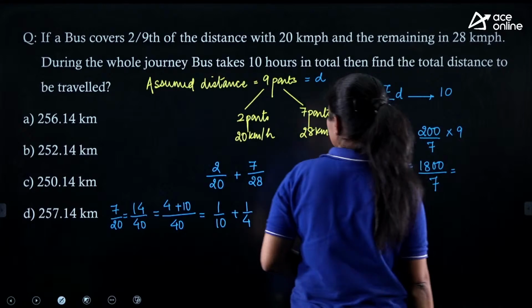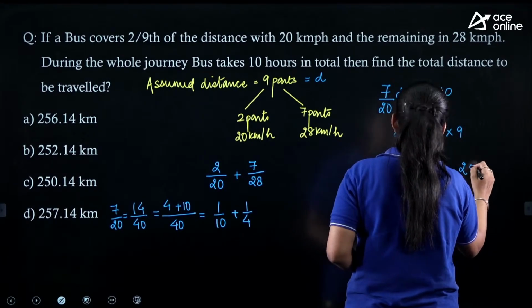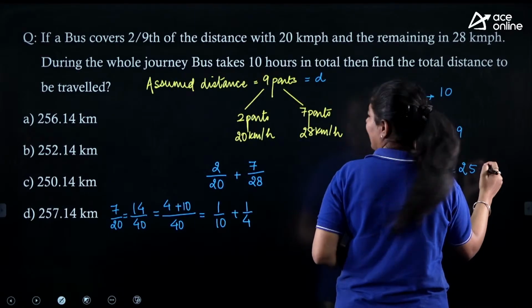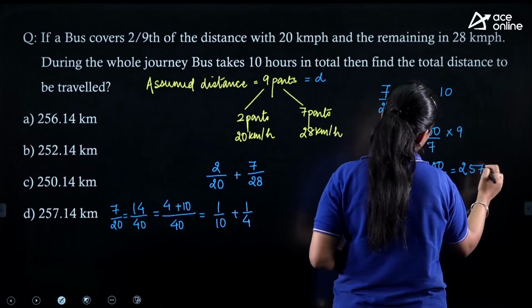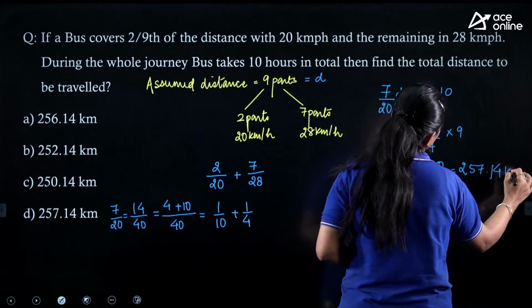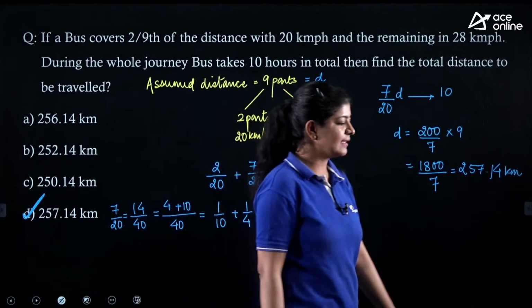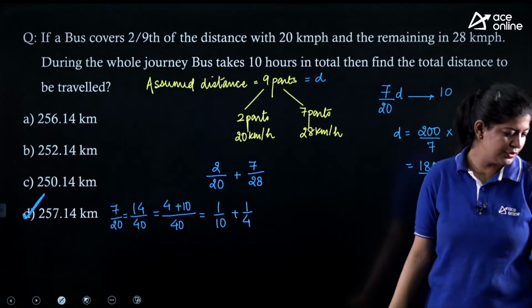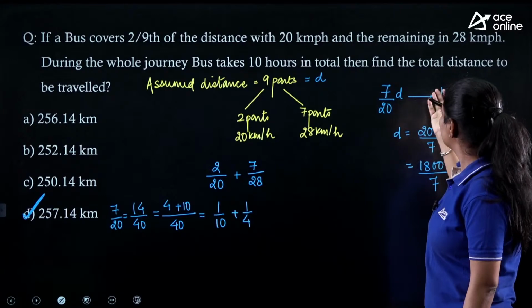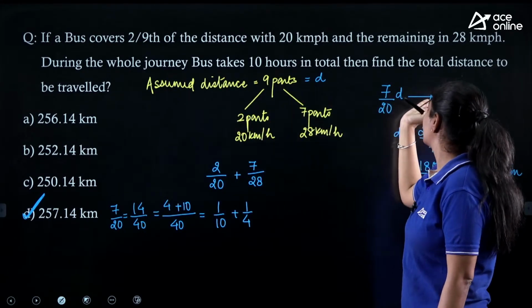If we solve this, we get the answer, around 250 point something. So basically the answer that we got here is option number D. All you need to do is simply solve this, and here we know that the fraction part that we got here is covered in a time period of 10 hours.